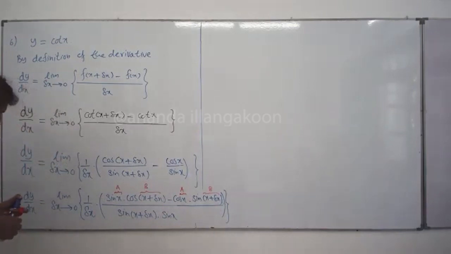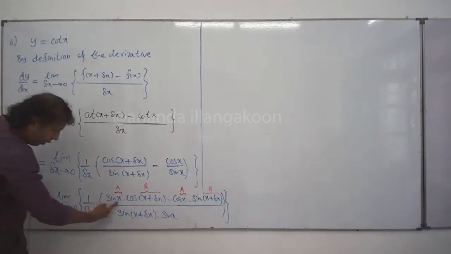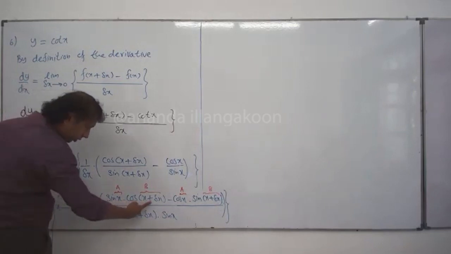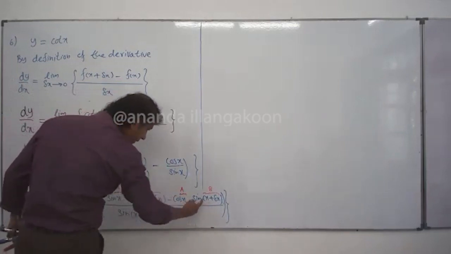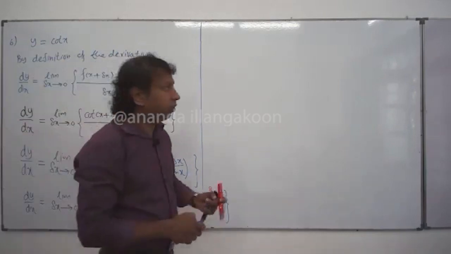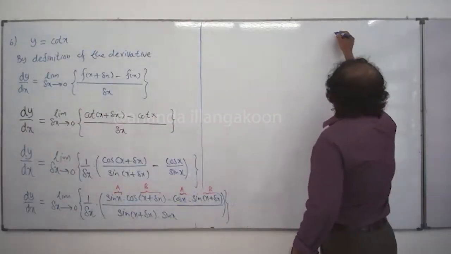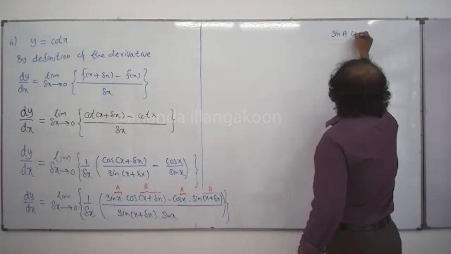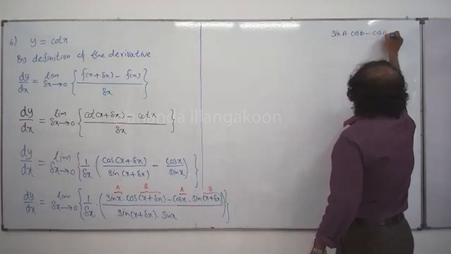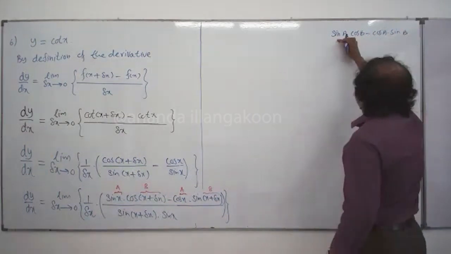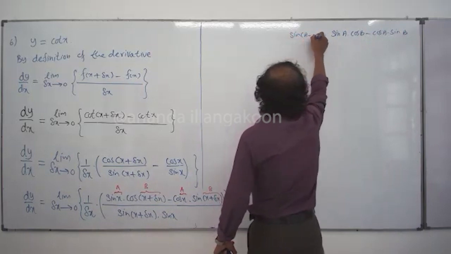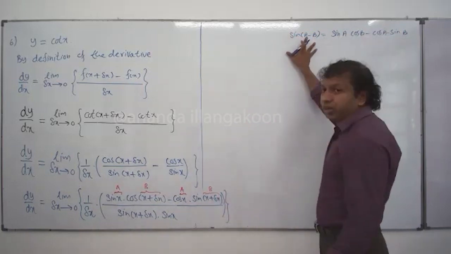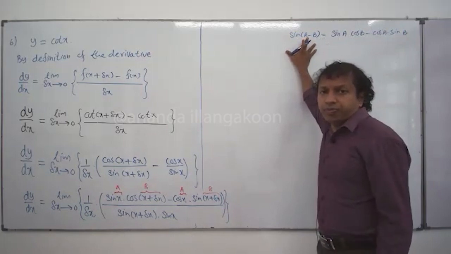Now you can see here, this one you can say sin A cos B minus cos A sin B. That expansion is coming by what, people? Sine A cos B minus cos A sine B. This kind of expansion is really sine(A minus B). So this whole thing you can write this way, sine(A minus B).